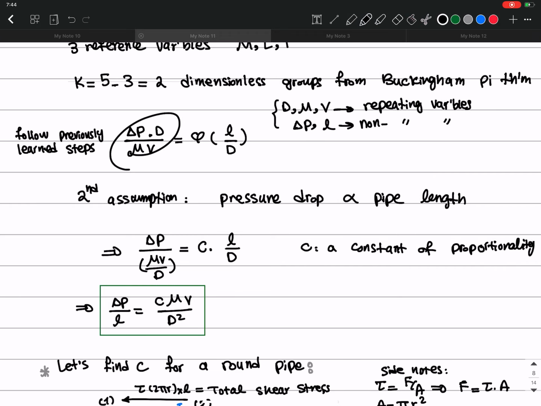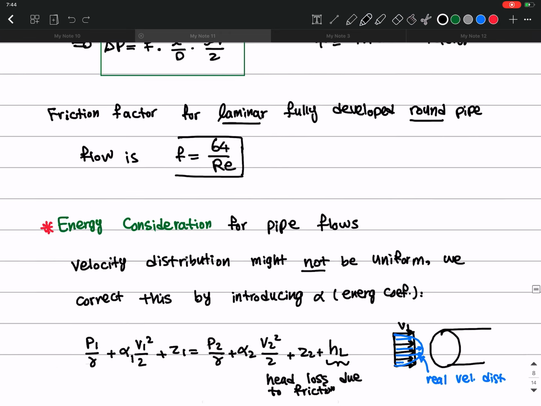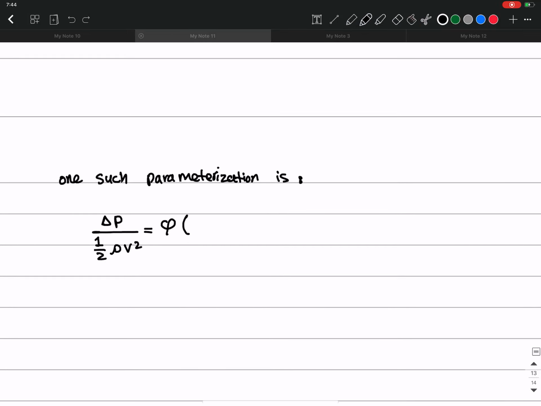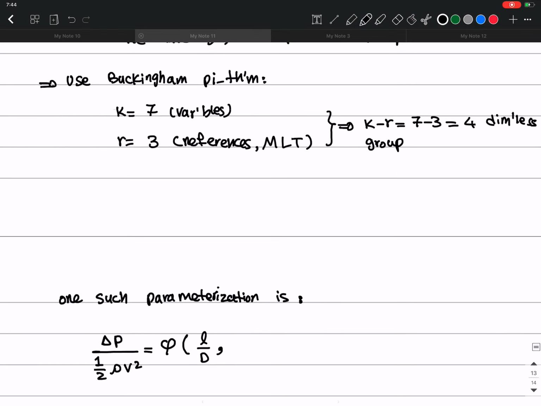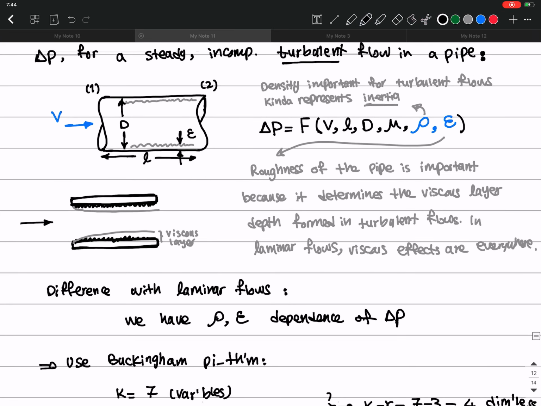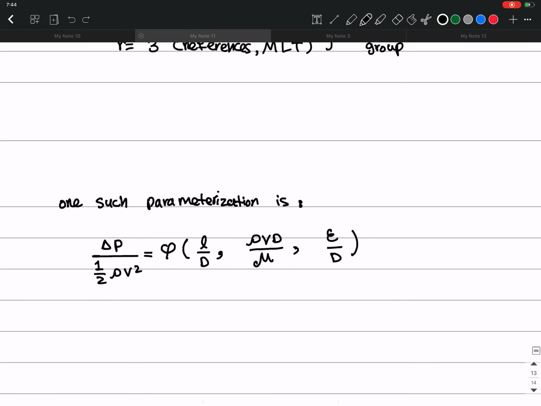And then on the left we had this. So another way of writing this is delta P over 1/2 rho V square. The first term I'm going to write is L over D, which we already had. The second dimensionless number is rho V D over mu, and the third one is epsilon over D.